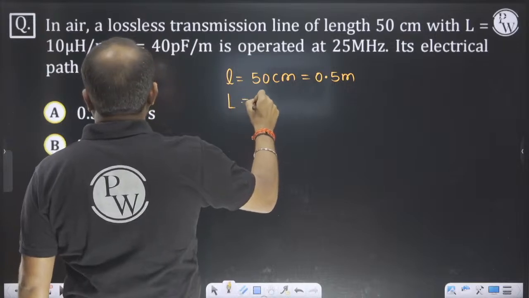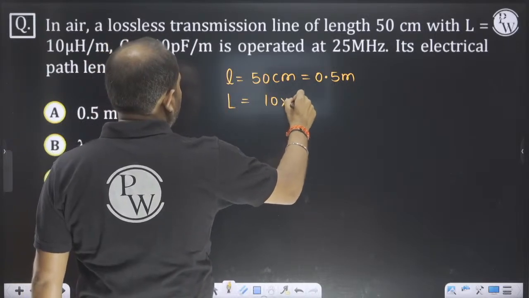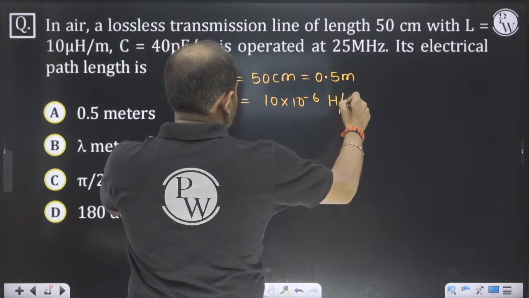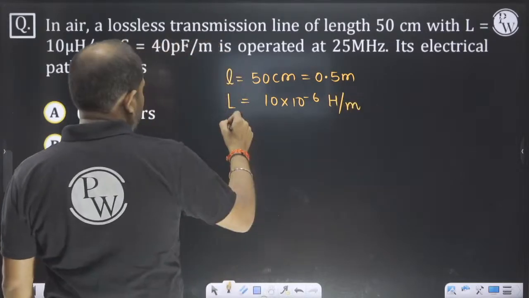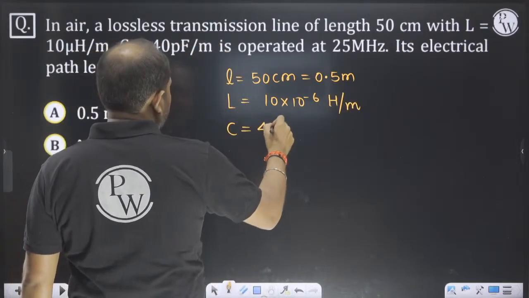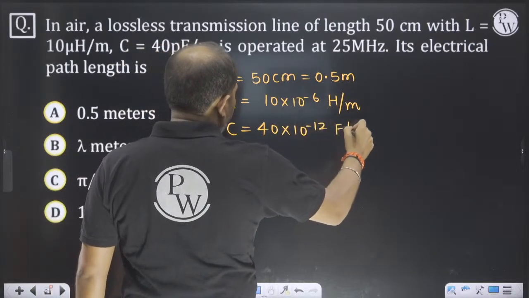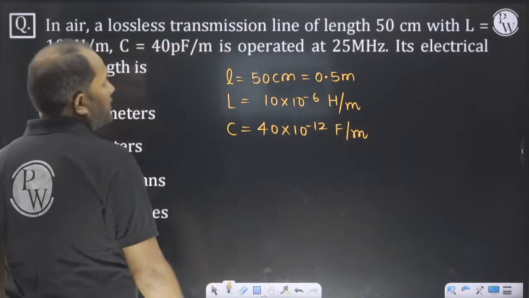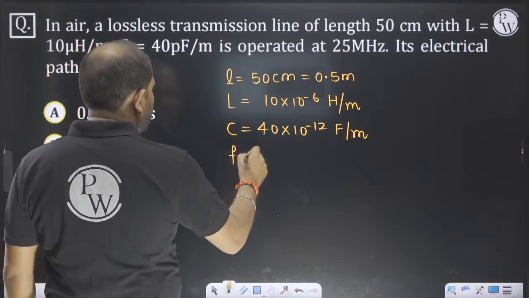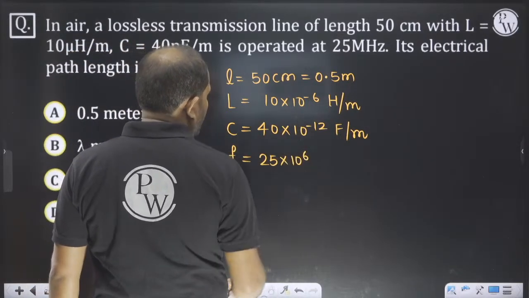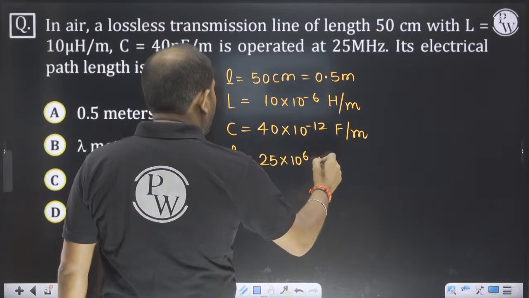L is 10 microhenry per meter, that means 10 into 10 to the power minus 6 Henry per meter. Capacitance is given as 40 picofarad, pico is 10 to the power minus 12, so farad per meter. Frequency is 25 megahertz, that means 25 into 10 to the power 6 hertz.